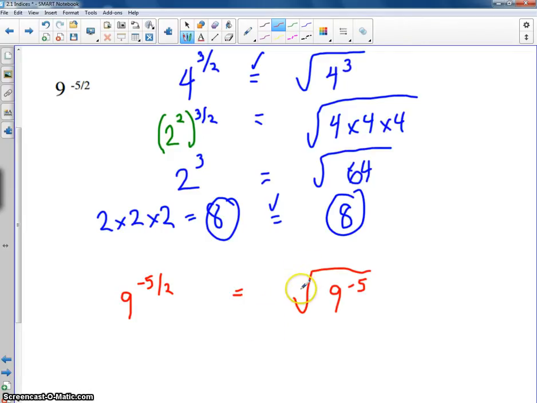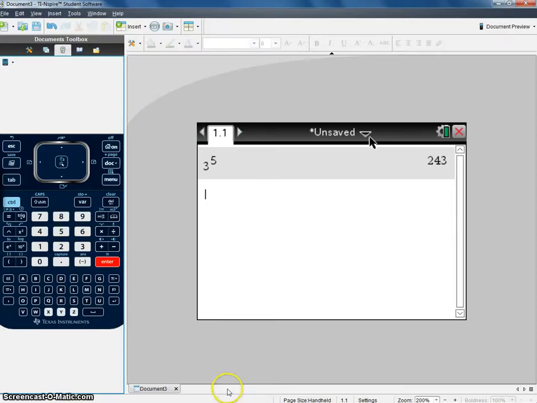Let me just write it there for the sake of everybody, but we don't really need to write it down. Now if you type this in the calculator, let me pull up a calculator over here. We need to find the square root of 9 to the power of -5, and we press enter. That becomes 1 over 243.